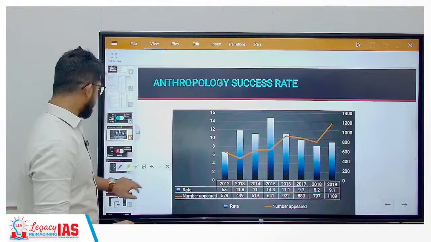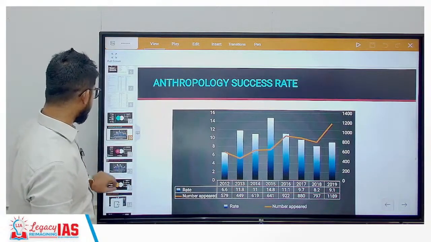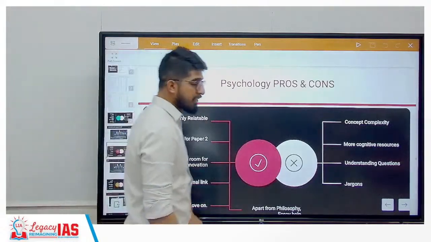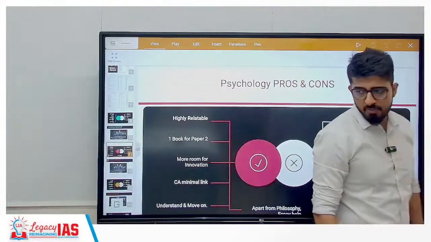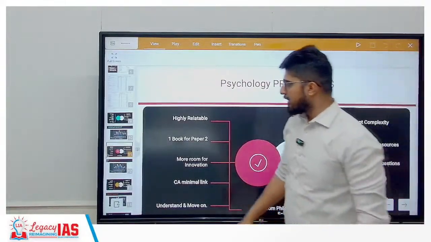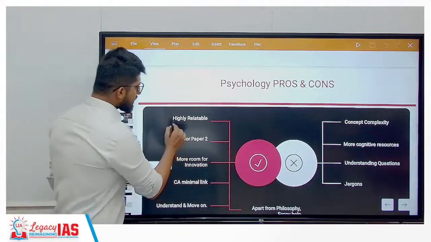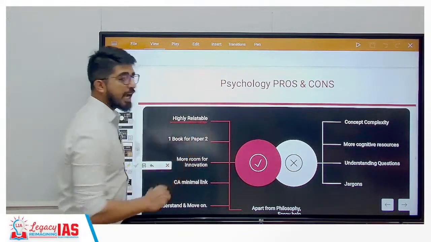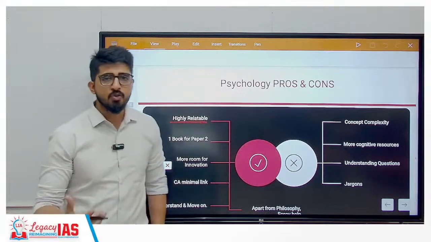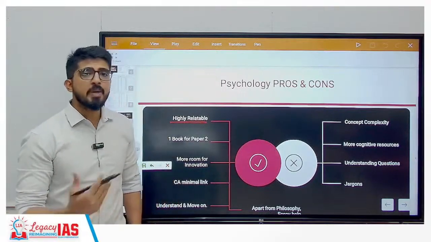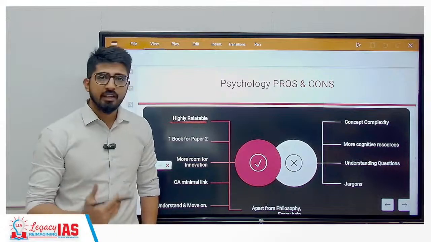Next, we'll talk about psychology as an optional. Psychology as an optional, when you look at the content, it is highly relatable because it is about individuals. It's about people, how they think, how they behave.